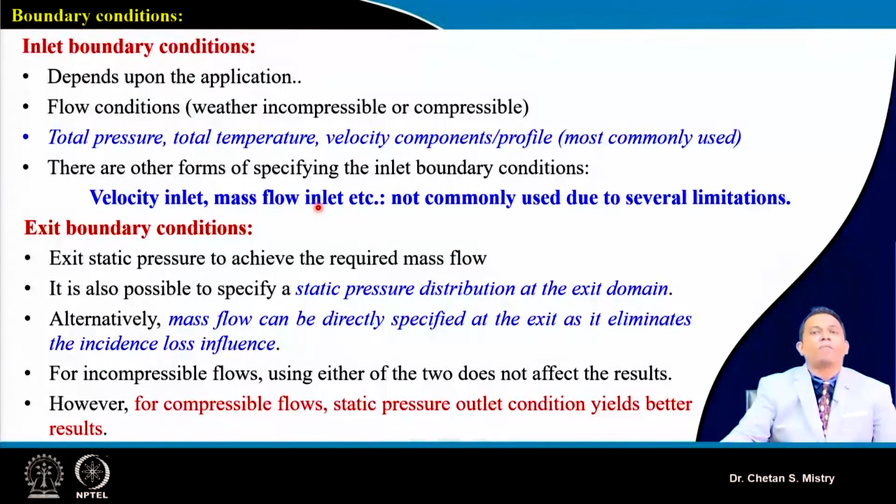There are other forms of boundary conditions also possible. We can put a velocity inlet or a mass flow inlet, but these boundary conditions have their own limitations. Now suppose we have our experimental data available with us. That means we have measured the inlet total pressure using a pitot tube, or we can say we have used multi-hole probes.